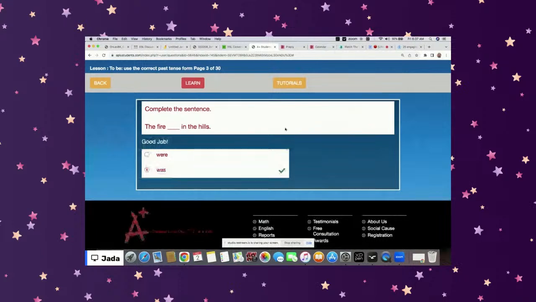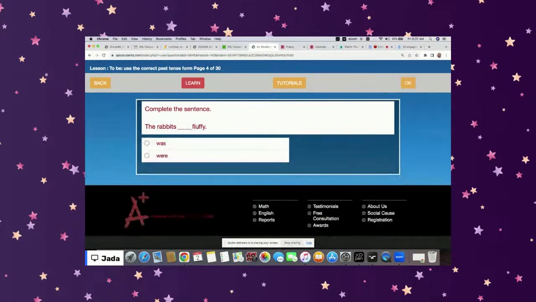Okay, the next one. The rabbits dash fluffy. What's the right answer for page 4?